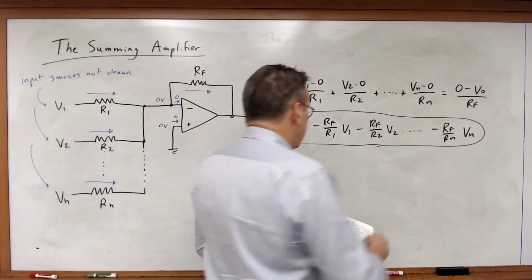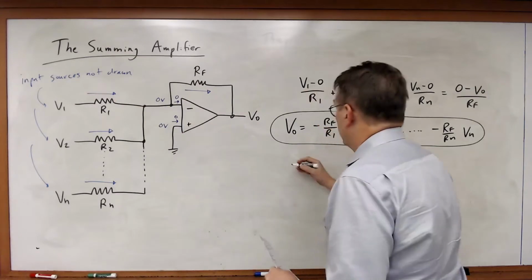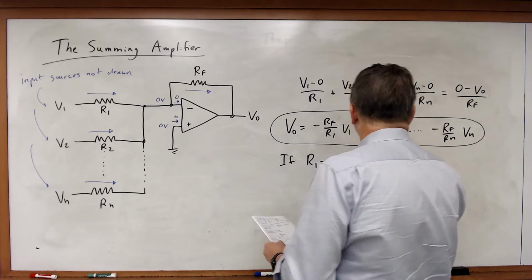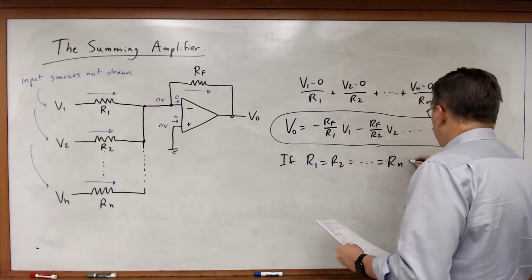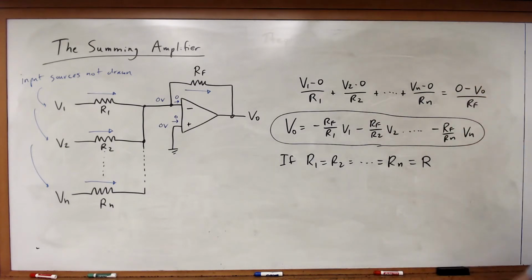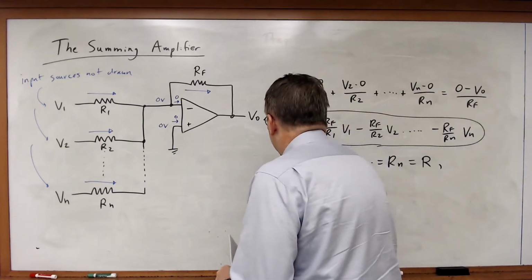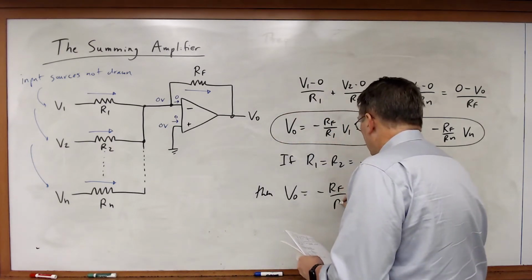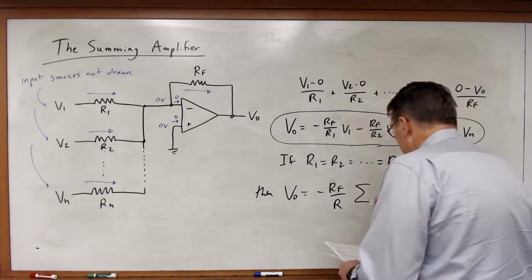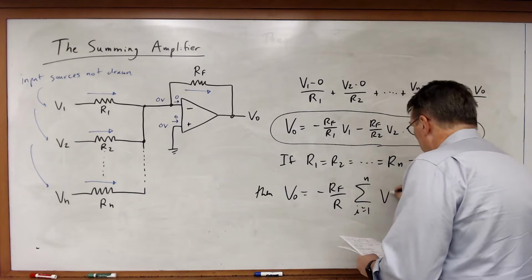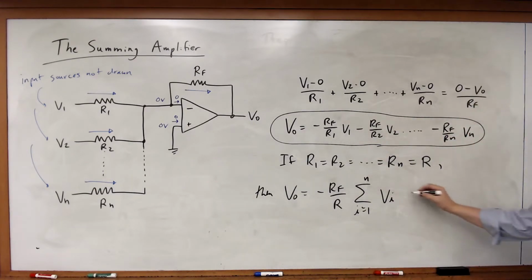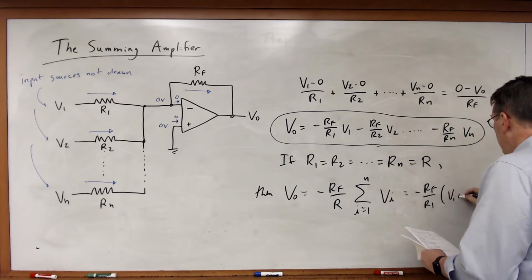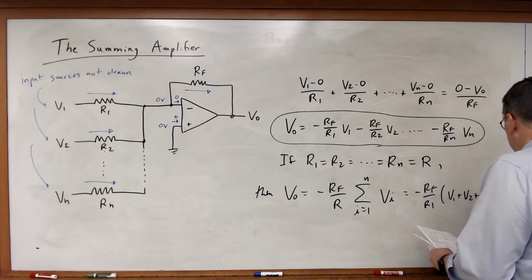In fact, if all of these resistors are the same, if I set R1 equal to R2, all the way to Rn, and make them equal to some resistor R, then VO will just be equal to minus RF over R times the sum of all of the input voltages. In other words, just equal to minus RF over R times V1 plus V2 all the way to Vn.